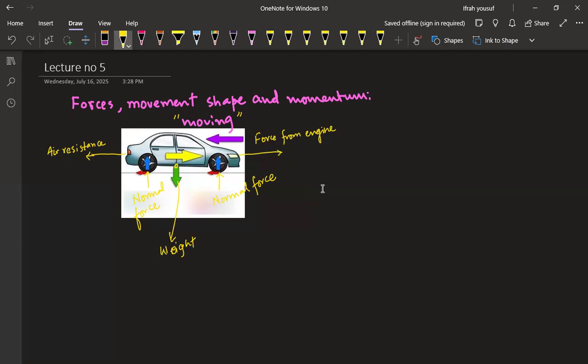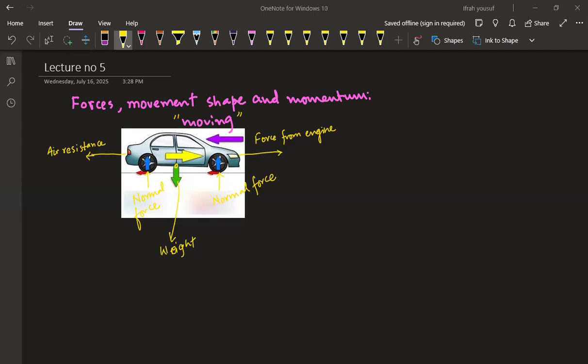If I have the object on an inclined surface, let me take another picture of the object placed on an inclined plane. So how are the forces acting on it?